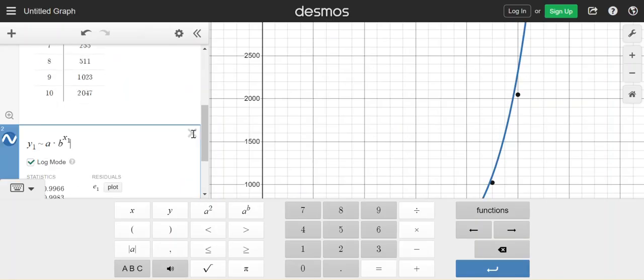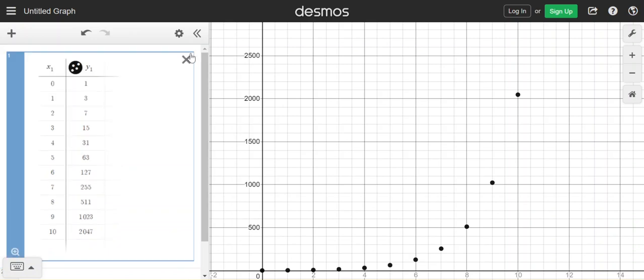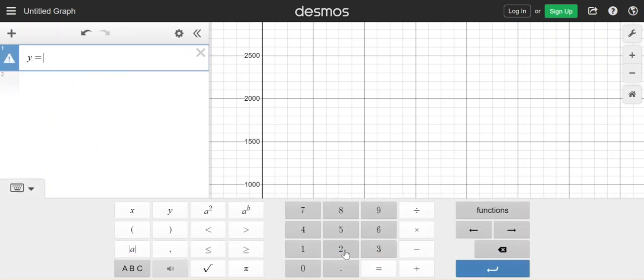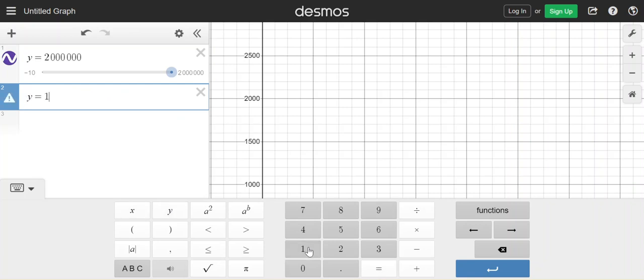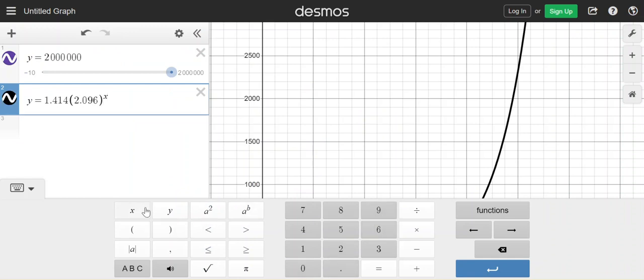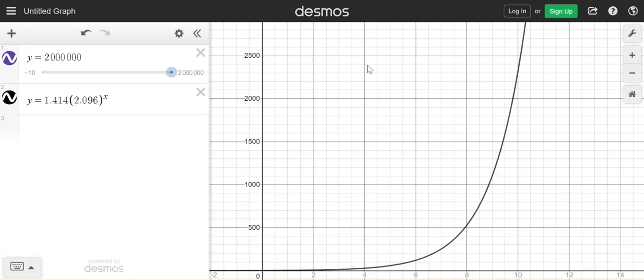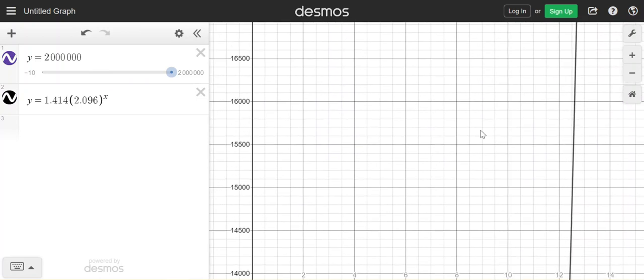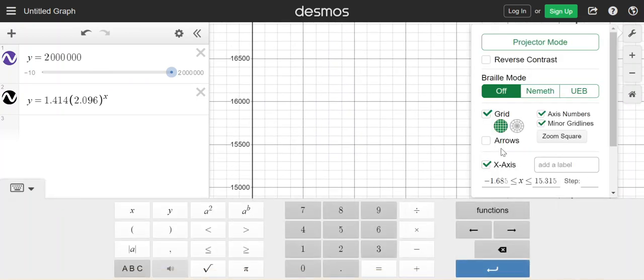So I'm going to clear out what's in here already. I'm going to put y equals 2 million. And then I'm going to put our equation in the other one. Okay, obviously, we're not going to see 2 million on this graph right now. You can scroll like this forever, or you can adjust the y-axis.